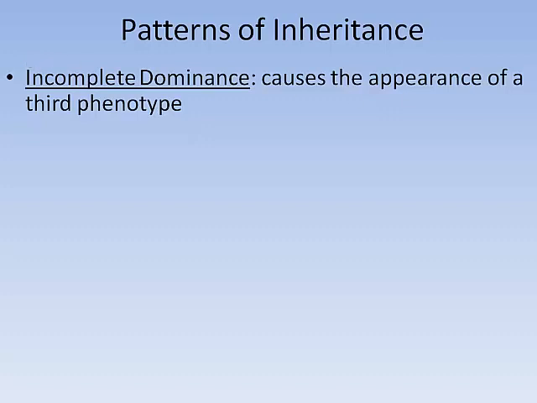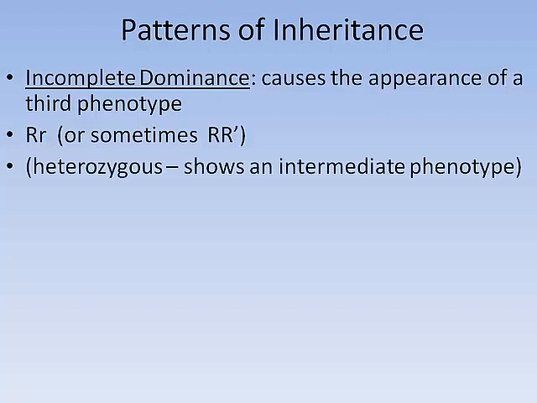Incomplete dominance is different. In incomplete dominance, the dominant allele can't completely cover up the appearance of the recessive allele, so you get a third phenotype when you have a heterozygous genotype.